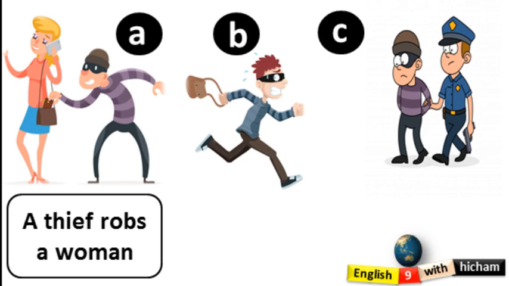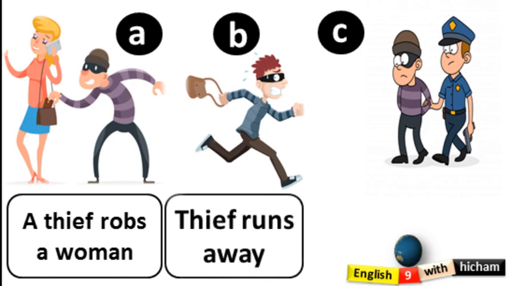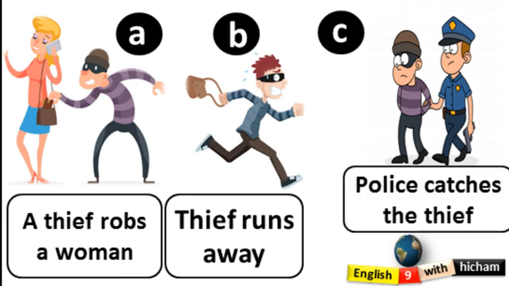The thief robs a woman of her purse, and then he runs away, but fortunately the police officer catches the thief, and this is the possible sequence of this story. Fantastic, my friends.